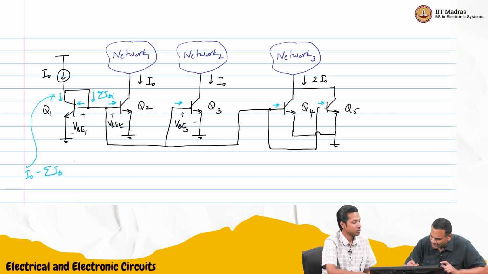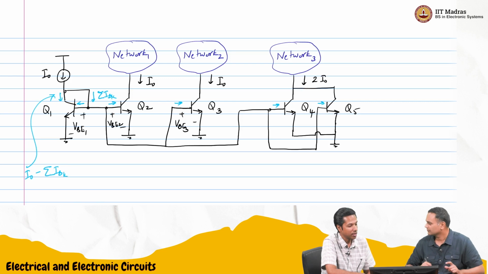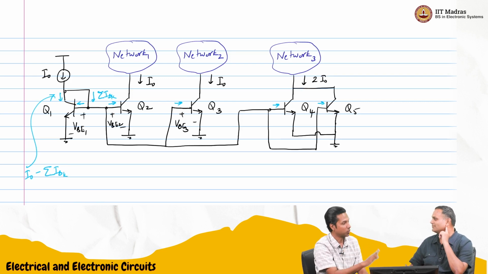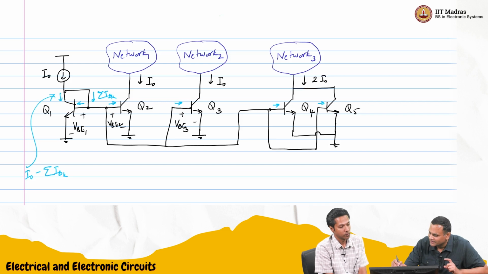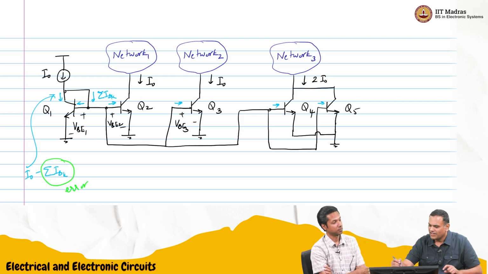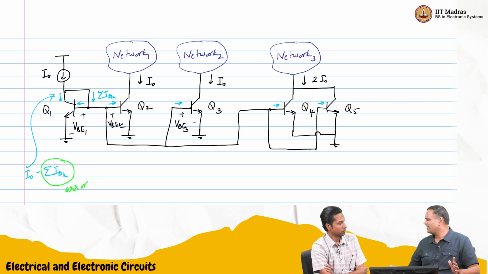Maybe I'll call it IBJ. So the actual mirrored current is the current going through the collector of the first one. So this is your error current. But if you just do it once or twice and beta is very large, you will not have any problem, unless you are building high precision circuits.